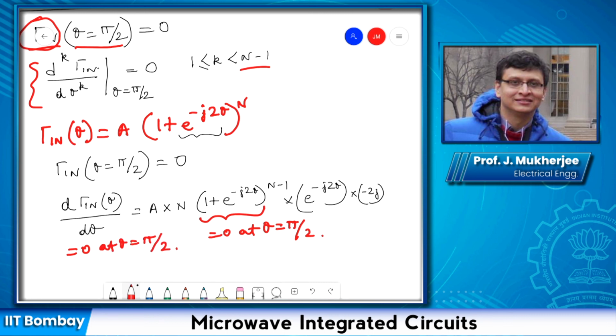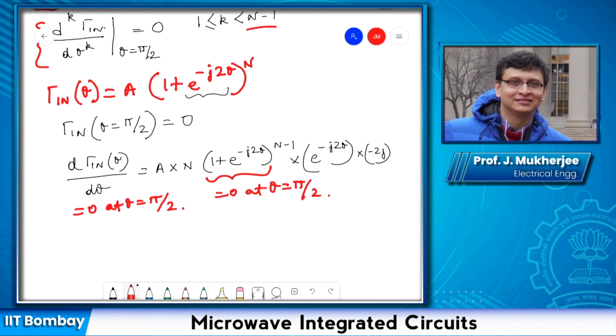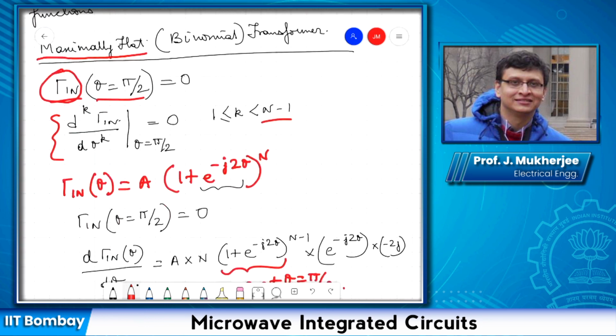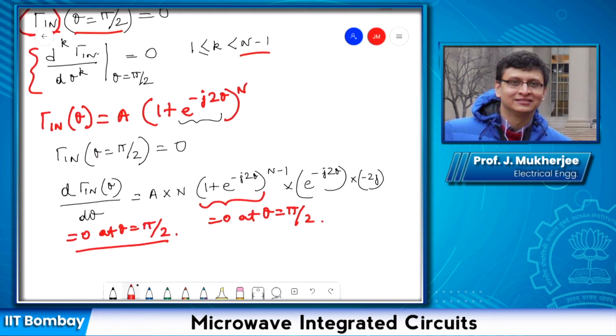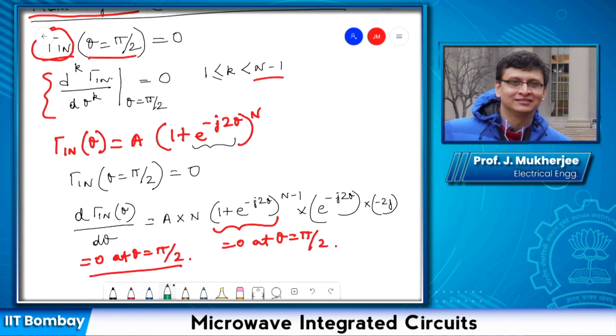This way you can show that if you go on finding the derivative of this derivative till the n minus 1th order, all those expressions will be 0 at theta equal to pi by 2, and therefore it satisfies the maximally flat requirement. Also note that irrespective of what the value of n is, this will be equal to 0 at theta equal to pi by 2.